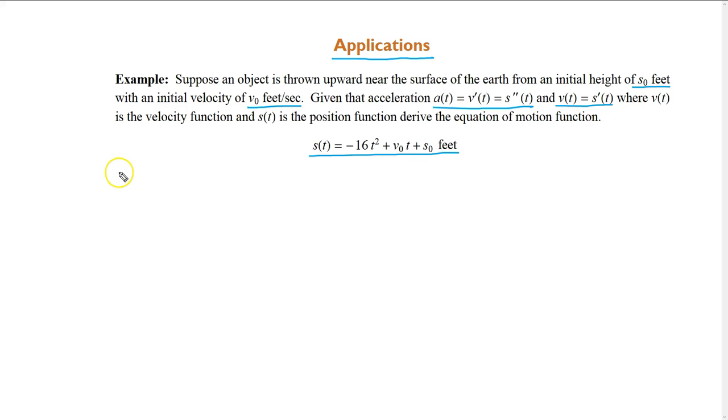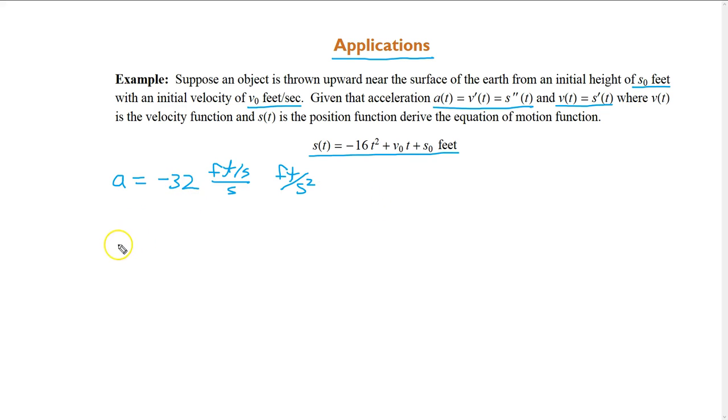Near the surface of the Earth, acceleration is constant. It is negative 32 feet per second squared.